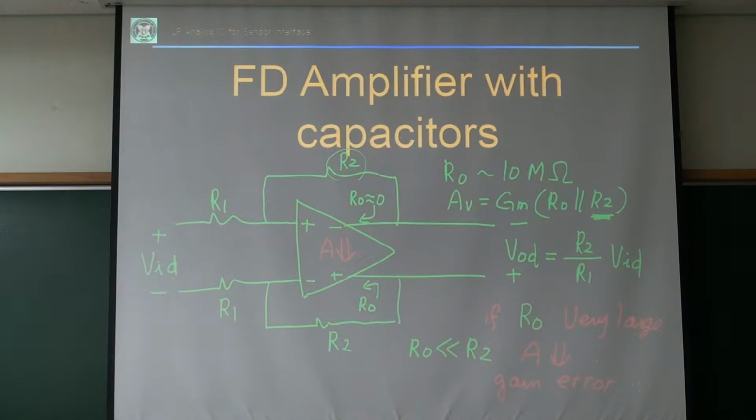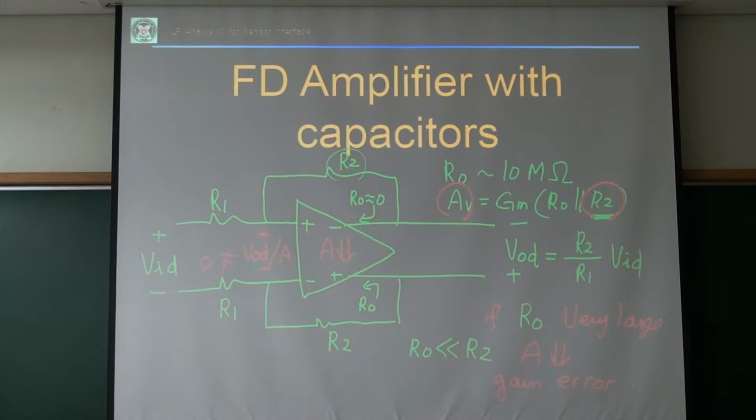So this voltage is just VOD divided by A, right? Okay? Because my A is small, because of this R2, the voltage gain becomes very small, right? So this is not zero at all, right? Because A is small, I have a pretty large gain error.